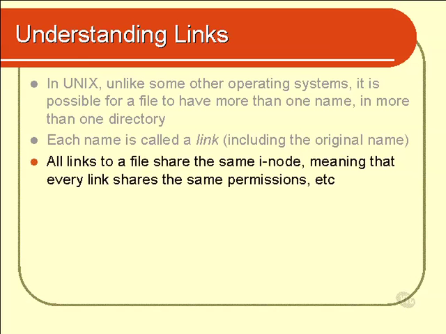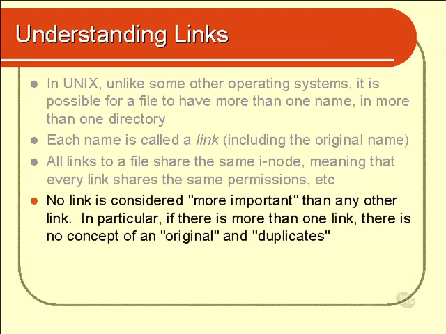Now, I want you to understand that as far as links are concerned, there is no original and there's no copy. Certainly we can create another link to an existing file, but once we have created the second link, and there are two links to the file, neither of them is considered to be the original. We're not making the other one the duplicate or the extra link or something like that. They're both considered perfectly equal in all regards. This might seem a little odd, especially if you have a file and you create a second link to that file, and then you delete the original link.